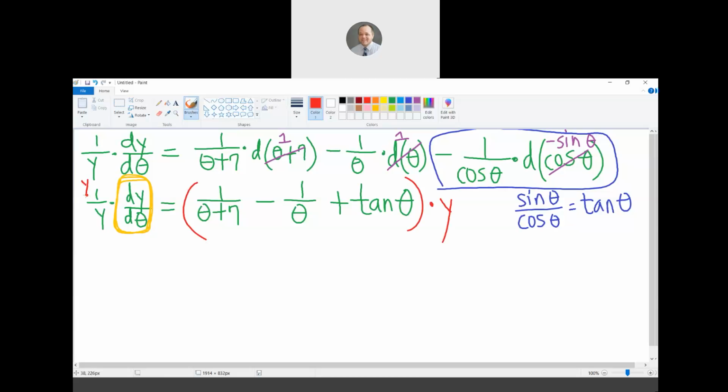On the left-hand side, the y's will cancel out, leaving us with dy over d theta.